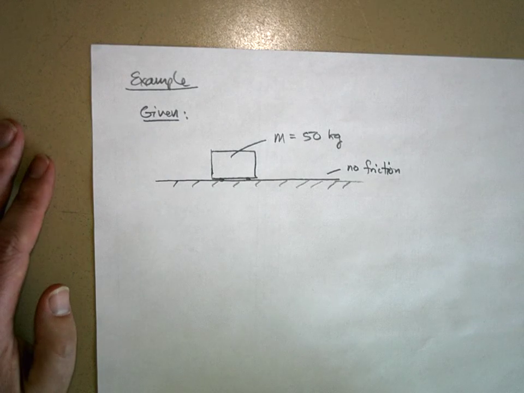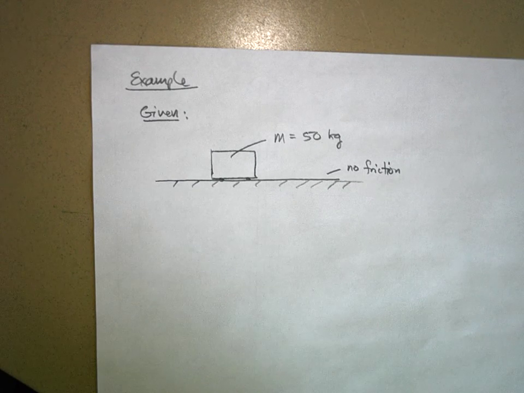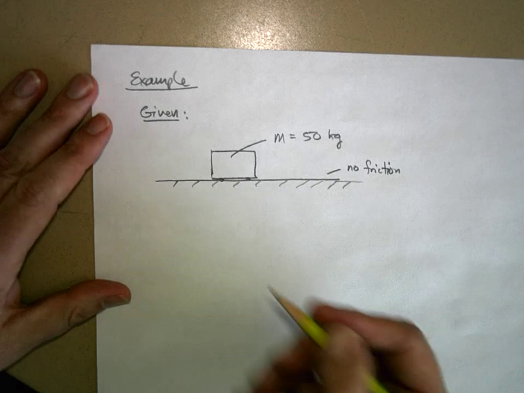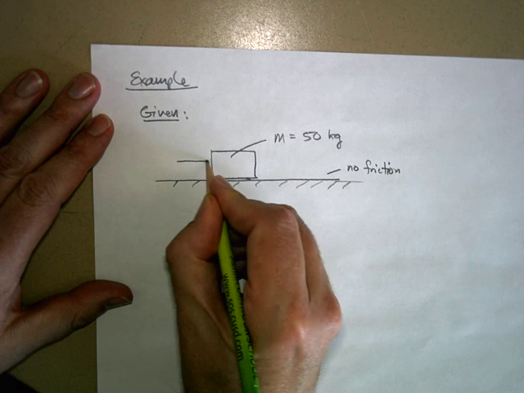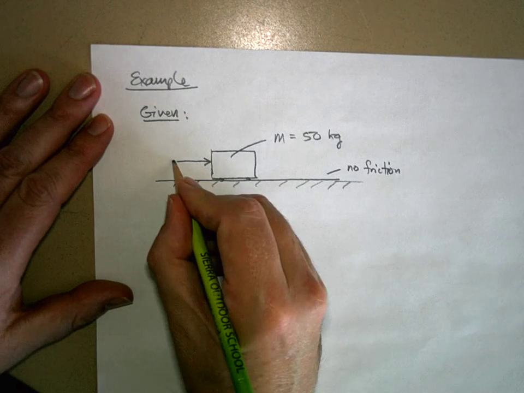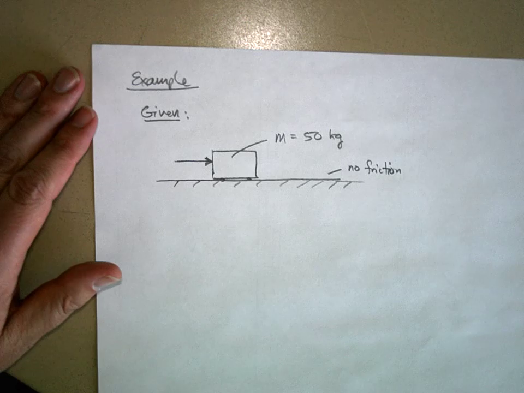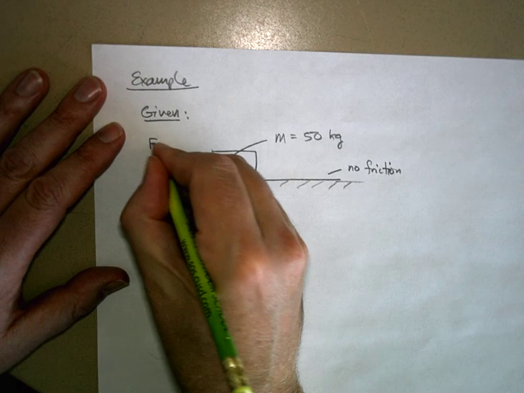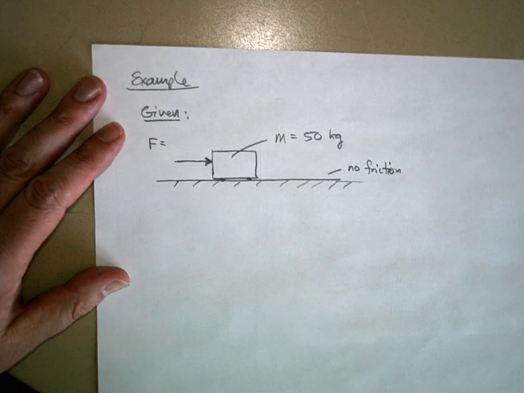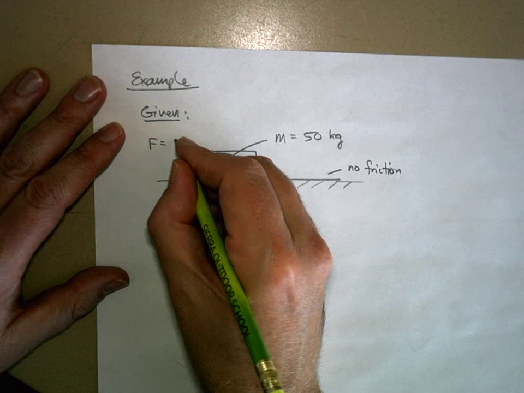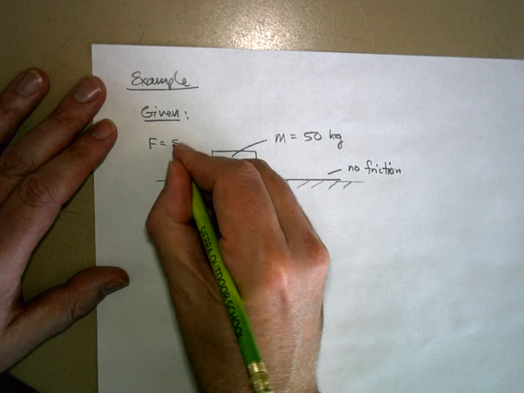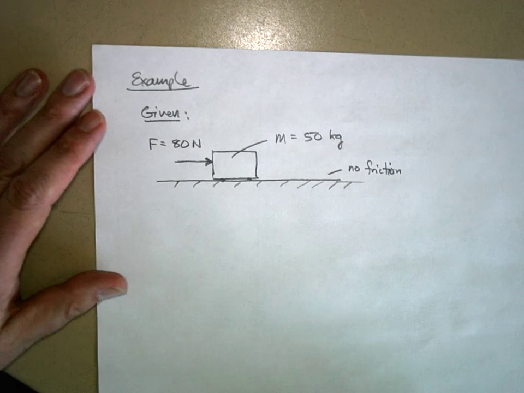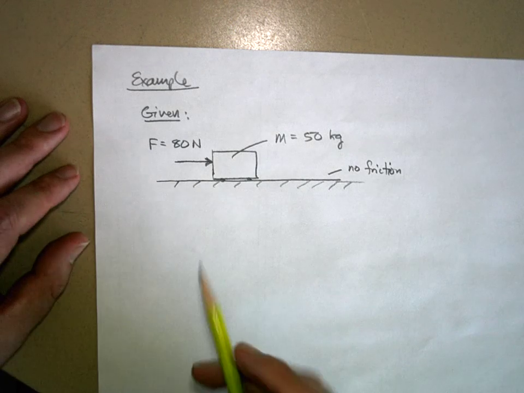And we're going to apply a force to it. Somebody's going to push on it with a force of, let's see, how about 80 newtons of force. Someone's going to push on this with 80 newtons of force.